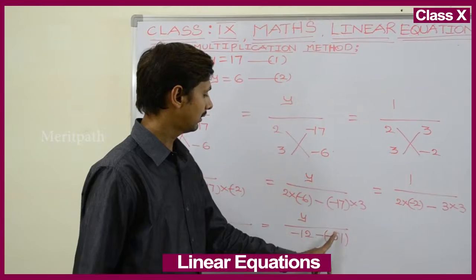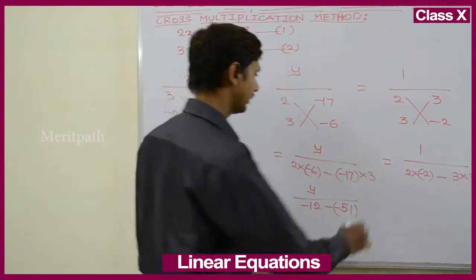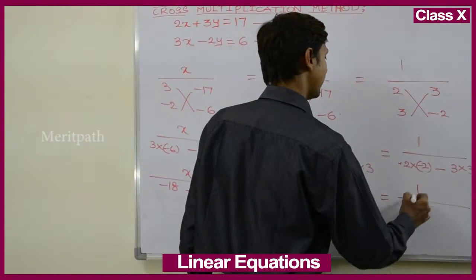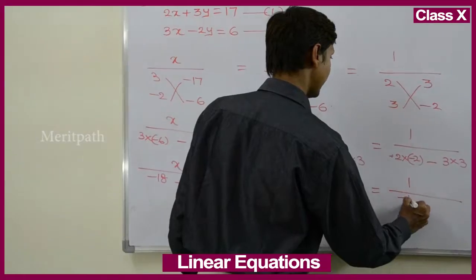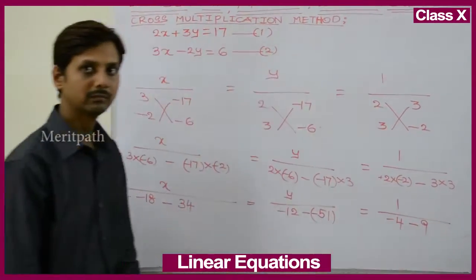Equals 1 by plus into minus: minus 2 twos are 4, so minus 4, minus 3 into 3 is 9.